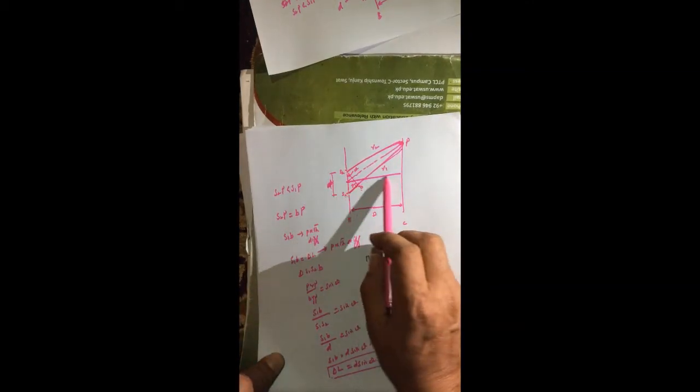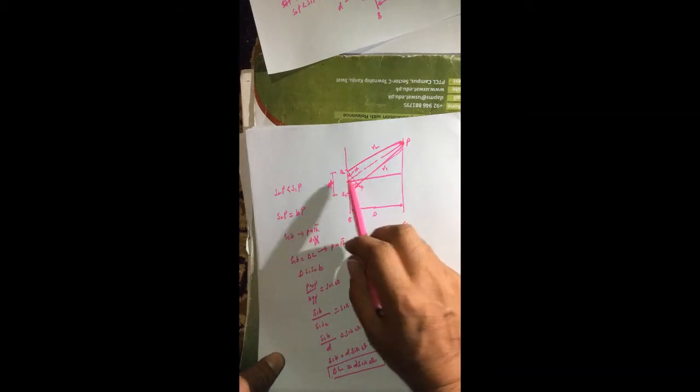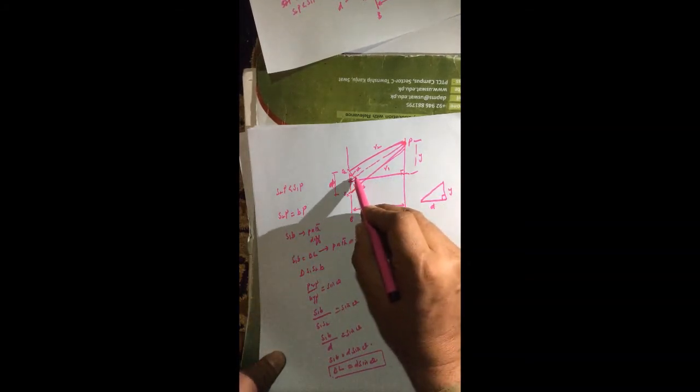Now if we look at this figure, I consider this triangle, this and this. This is D, and the distance from here to this point P, I call it Y. This is angle 90, and this is the angle theta.